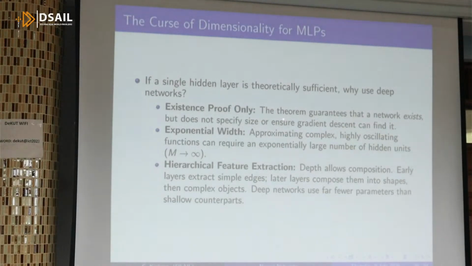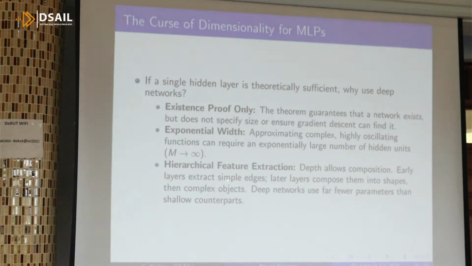The other thing about why we use deep networks today, you hear a lot about deep learning, is because of hierarchical feature extraction. As you go through the network from left to right, each of these layers is extracting certain features. So the deeper the network, the more capable it is in terms of its ability to extract these features.